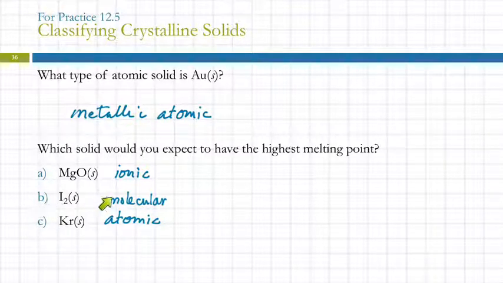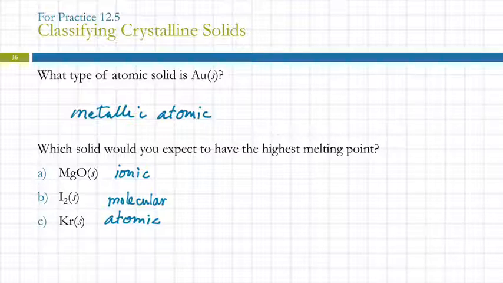I2. So this is a molecular solid, has individual molecules. How are the molecules held together? Dispersion forces. This is a nonpolar molecule. It's just going to be held together by dispersion forces. And then we have this ionic solid, and what's holding that together? Ionic bonds, right?